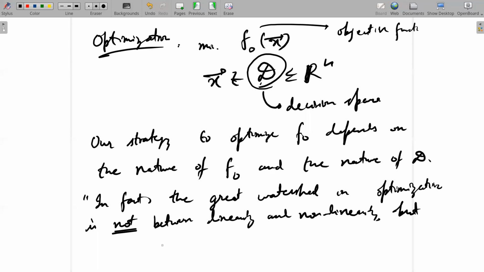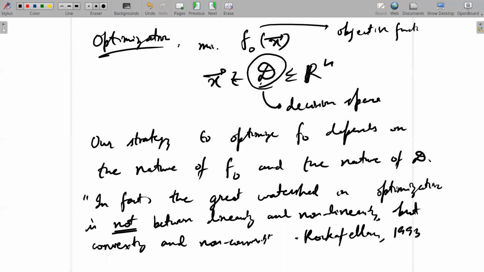Linear functions are of course convex. So this is a quote by Rockafellar, 1993. So already I had mentioned this in the very beginning of this course.